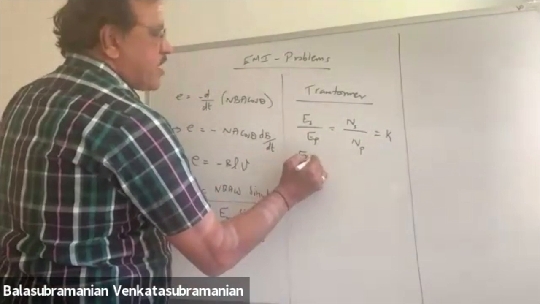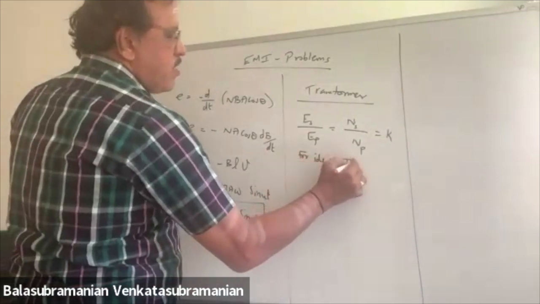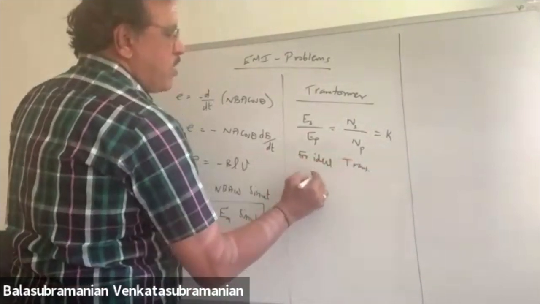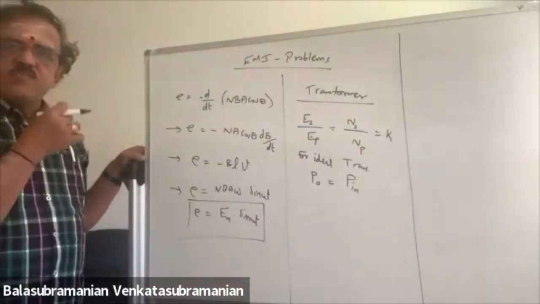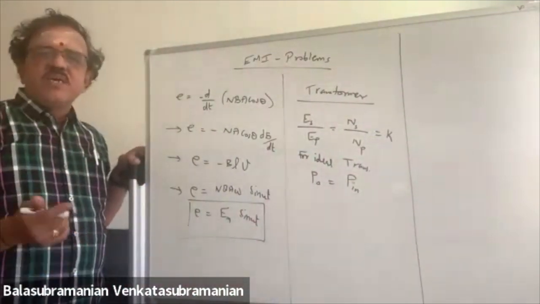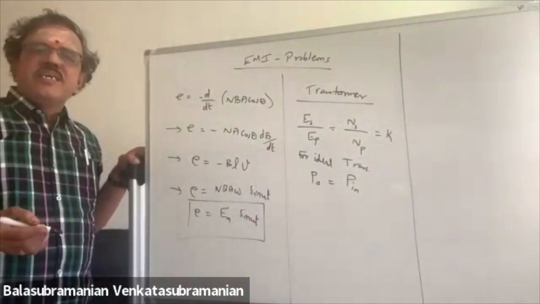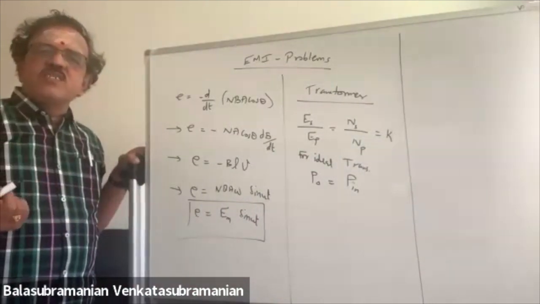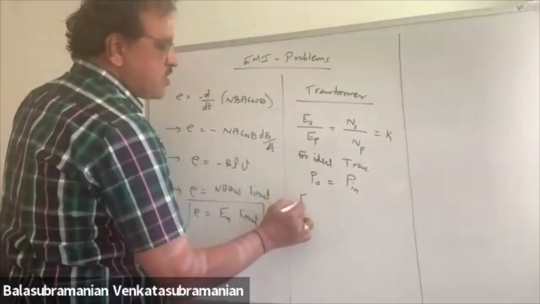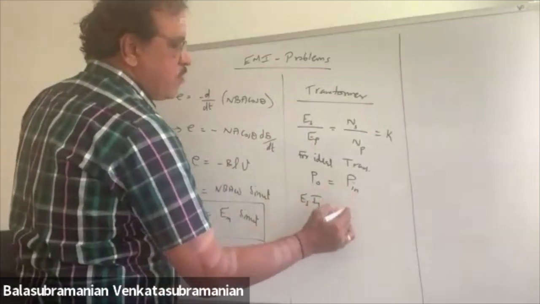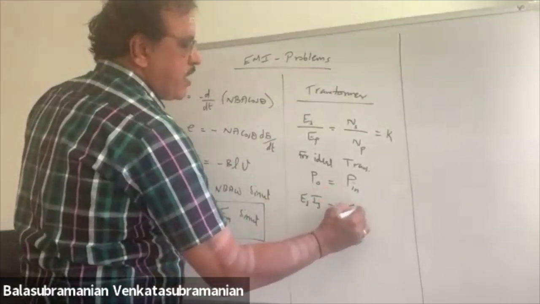For an ideal transformer, power output is equal to power input, that is, no power loss. Generally, there is a power loss. Ideal transformer means it is assumed that output power is equal to input power. Output power means ES IS, input power means EP IP.